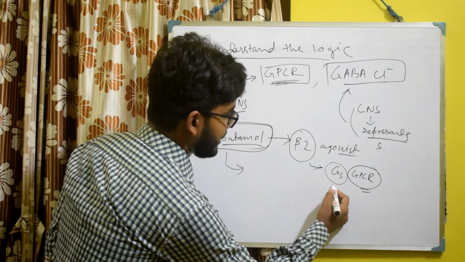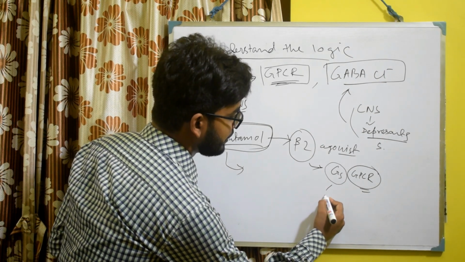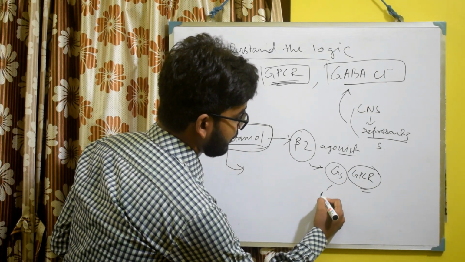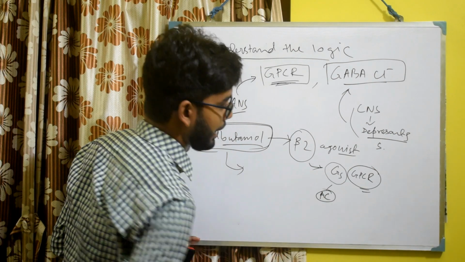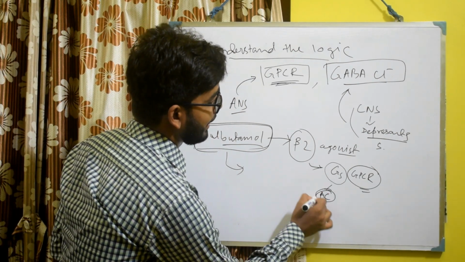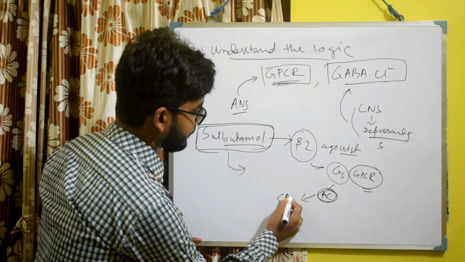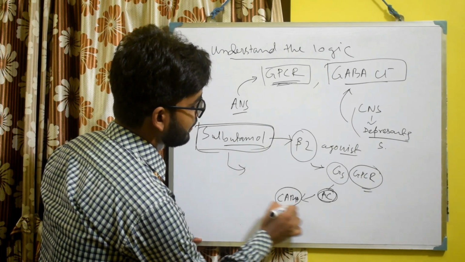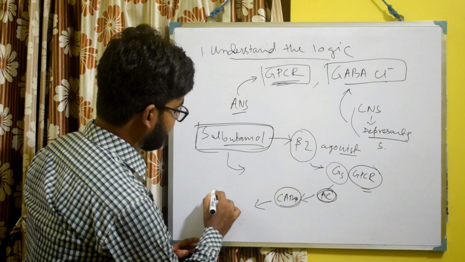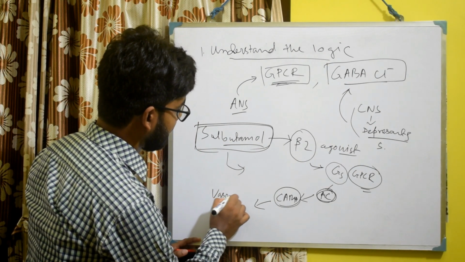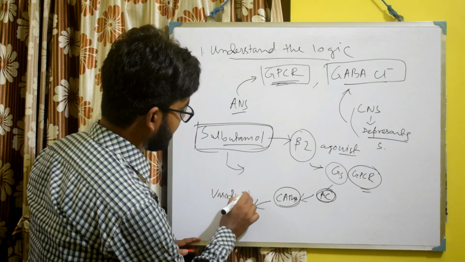That means the effector molecule here is adenylyl cyclase. After activating adenylyl cyclase, cAMP is accumulated inside the cell, and cAMP does vasodilation.